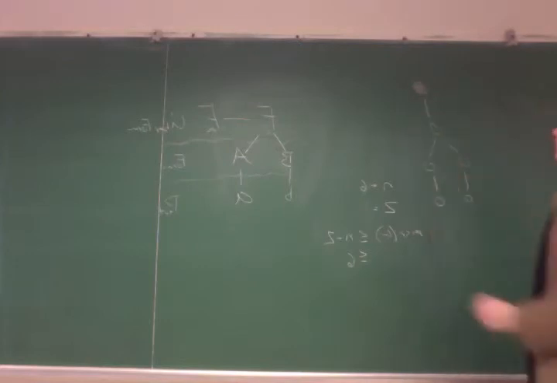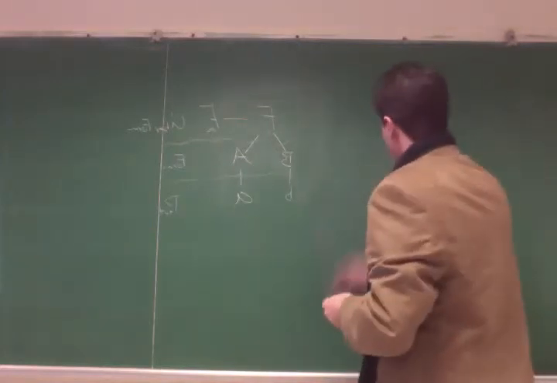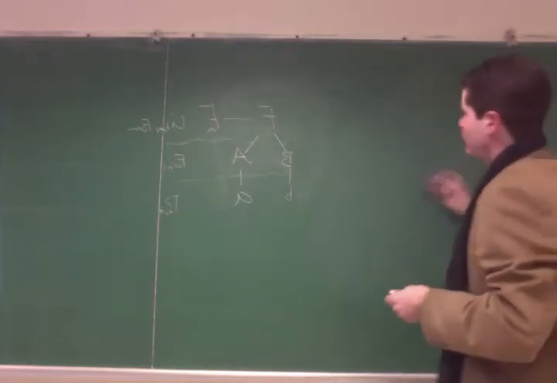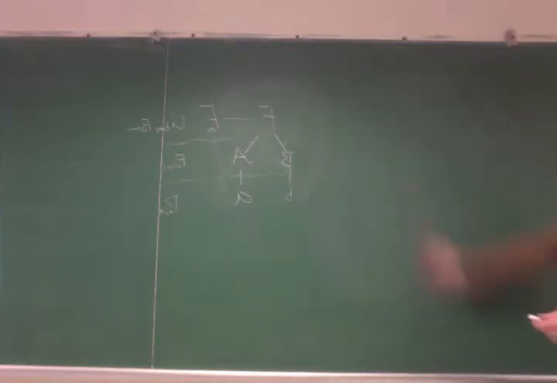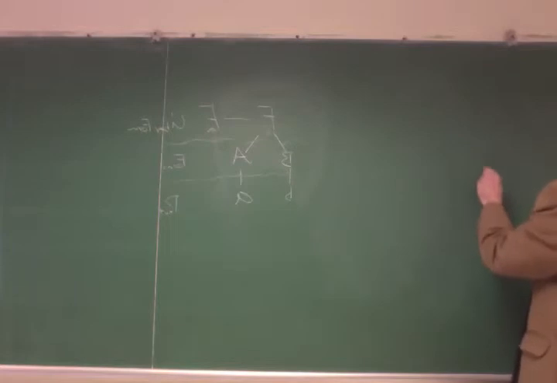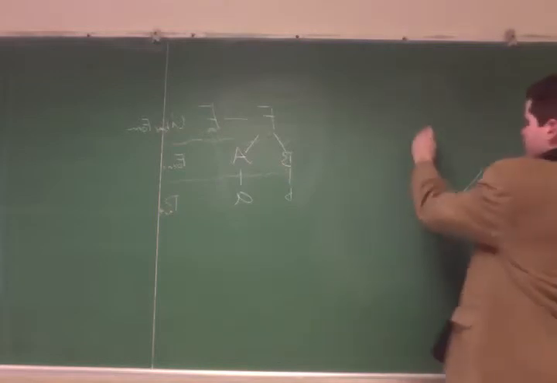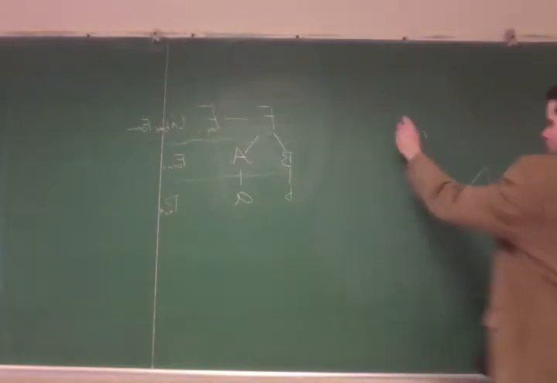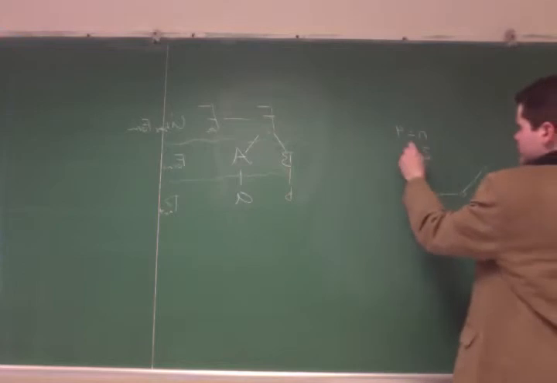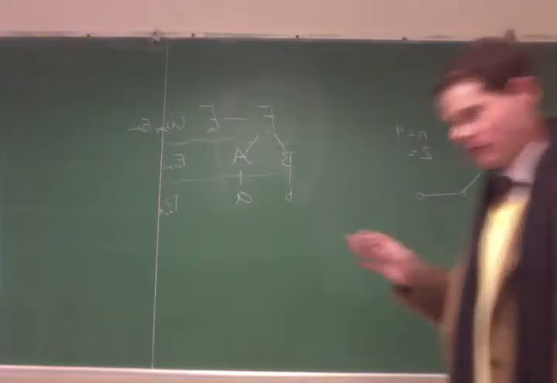Z is done combinatorially by determining, well, actually, let's go over that. Suppose you have this graph. N is 4. Z is determined combinatorially by the color game.